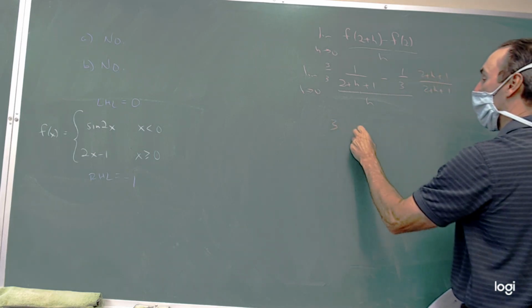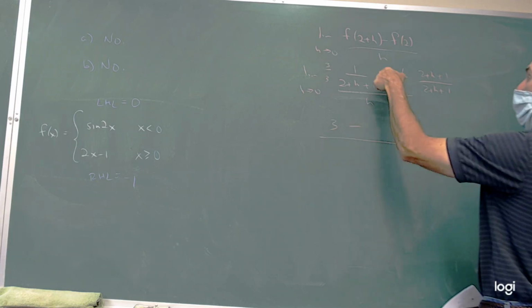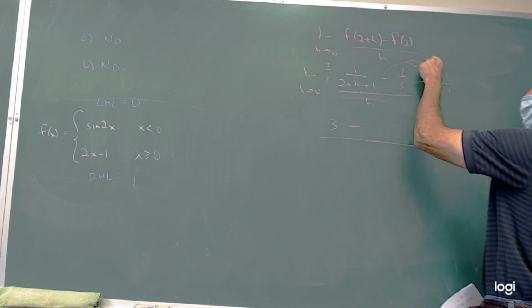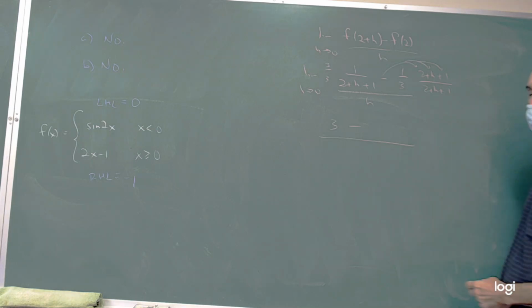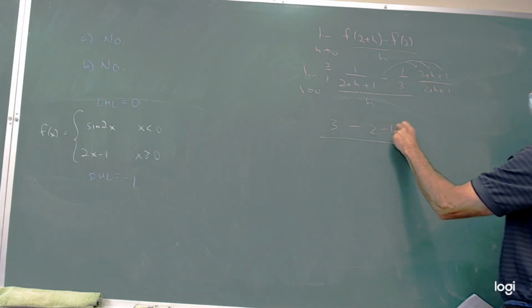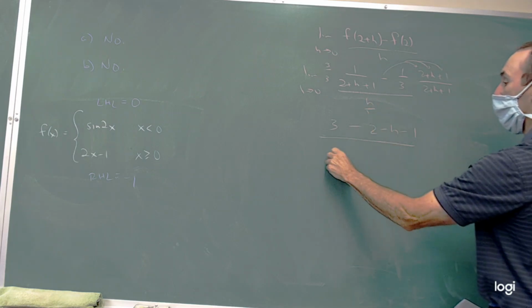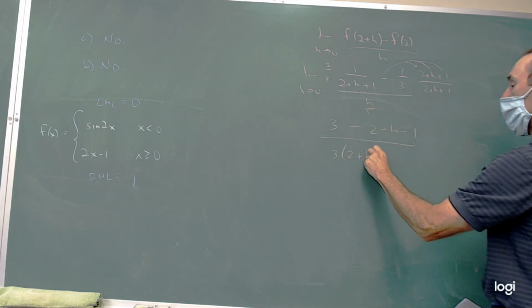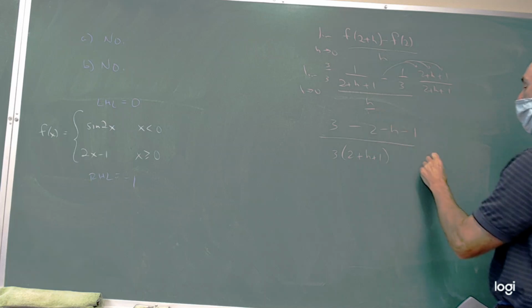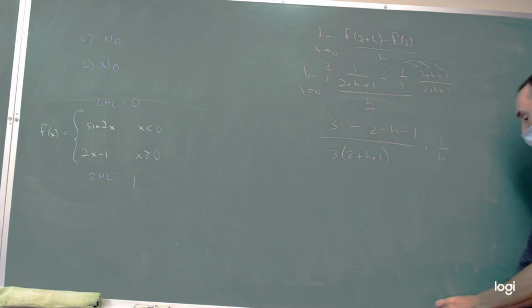So we're going to get 3 minus, now remember this negative must distribute over all that follows it, so it'll be a minus 2 minus h minus 1. And we're going to get our 3 times 2 plus h plus 1. And this divide by h is waiting in the wings as a 1 over h.